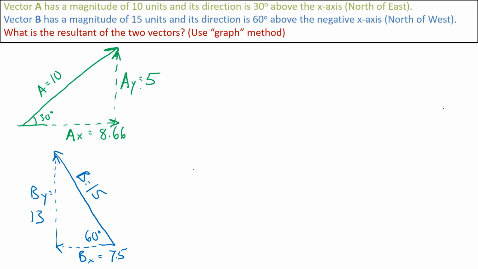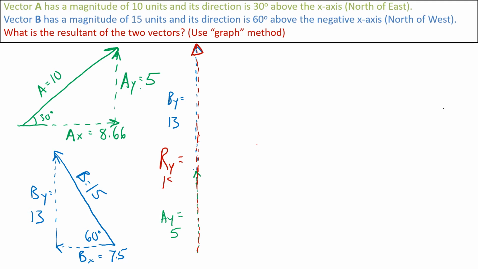I'm going to redraw Ay, and then I'll add By head to tail. So that gives us a resultant in the y direction of 18. This is going to be the y component of our answer, of the resultant. So this is just a part of the final answer. This is the y part. I'm going to call the resultant R, and this is R sub y is equal to 13 plus 5, 18.